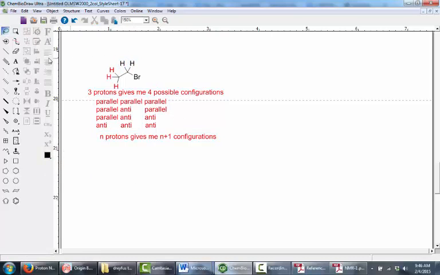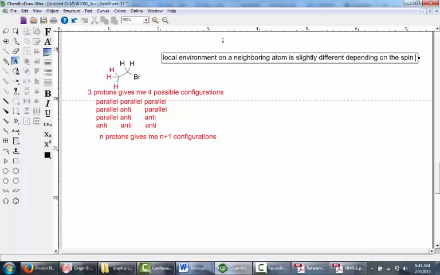Now if I look at these protons over here, their local environment is going to be slightly different if they're next to a parallel, parallel, parallel than it would be if they're next to an anti, anti, anti. So the local environment on the neighboring atom is slightly different depending on the spin orientation of the protons on the neighboring carbon.